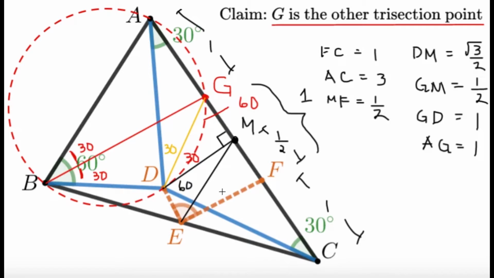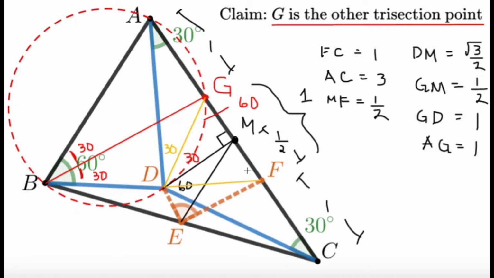Now with this finding, G and F are technically symmetrical with respect to DM, since DM is a perpendicular bisector of AC. So A and C are symmetrical with respect to line DM, and G and F are symmetrical with respect to line DM. So I can reflect GD over here across DM, and I'll get DF.